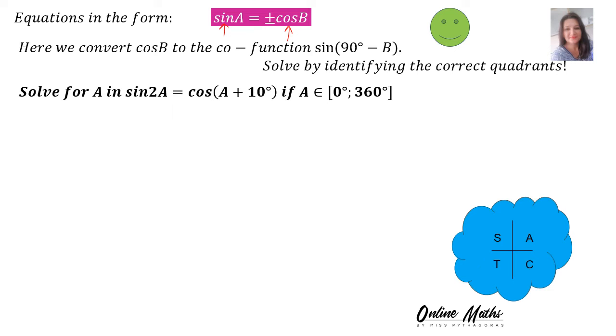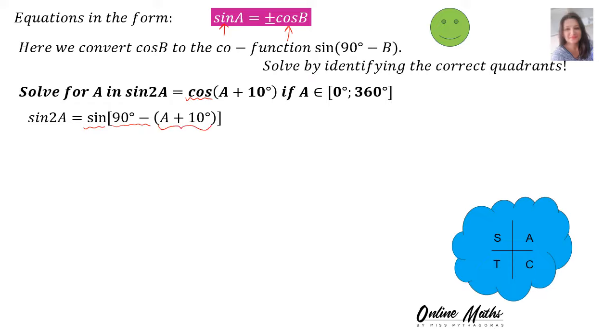Here's a question. Solve for A in sin 2A is equal to cos(A plus 10 degrees) if A is an element of 0 up to 360. Therefore, we say sin 2A, whatever you found on the left, and now you're going to change the cos into sin(90 minus (A plus 10)).